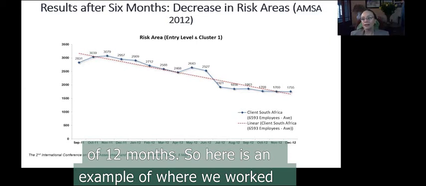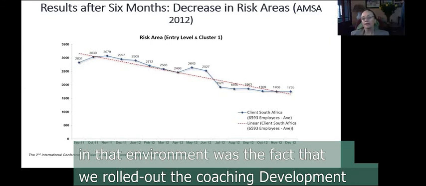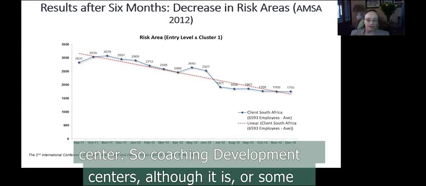So here is an example where we worked with hard facts, and the only change in that environment was that we rolled out the Coaching Development Center.